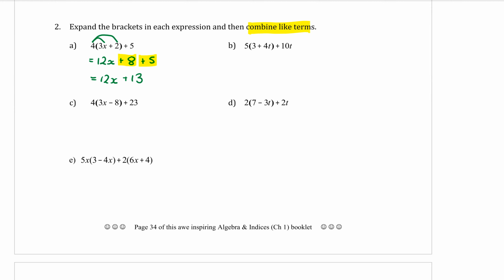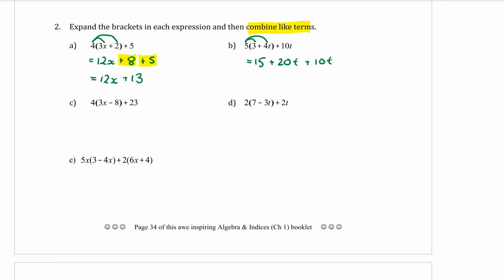Okay, let's do it again. First step is expand the brackets. So 5 times 3 is 15, plus, then 5 times 4 is 20t. The 10t is not part of the bracket, so just write it on the end. Okay, so I've expanded.